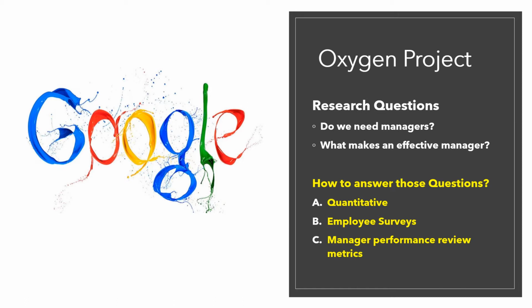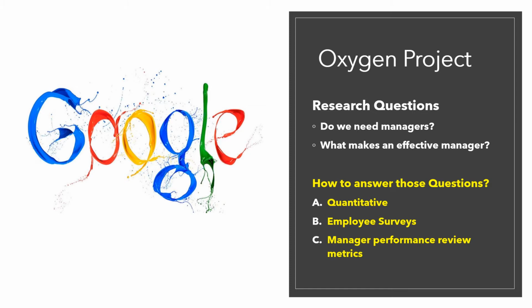So they took a quantitative approach, and what they did is they evaluated employee surveys asking their employees, do they think that there's utility and a need for managers within the organizational structure?